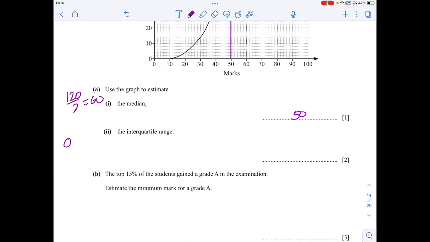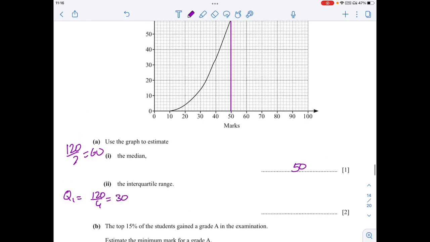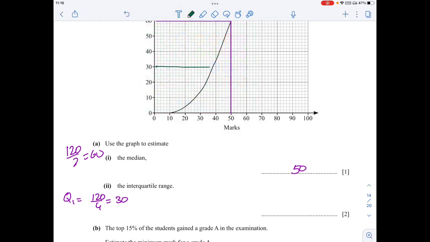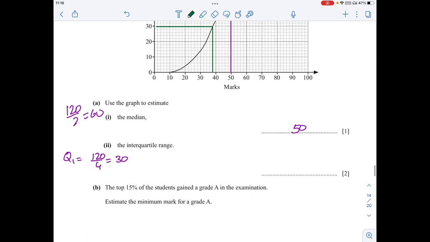Interquartile range. First I have to find Q1, which is 120 by 4, which is 30. So from 30, draw a line, hit the graph, and drop it down. Q1 is 38. Now for Q3, it is 3 upon 4 times 120, which is 90.